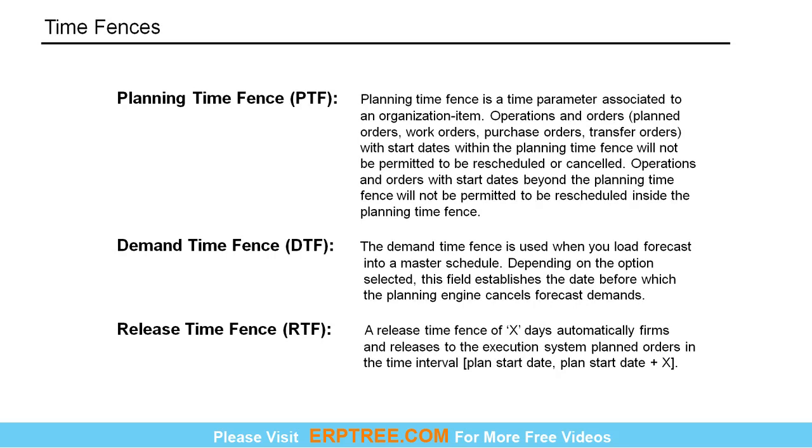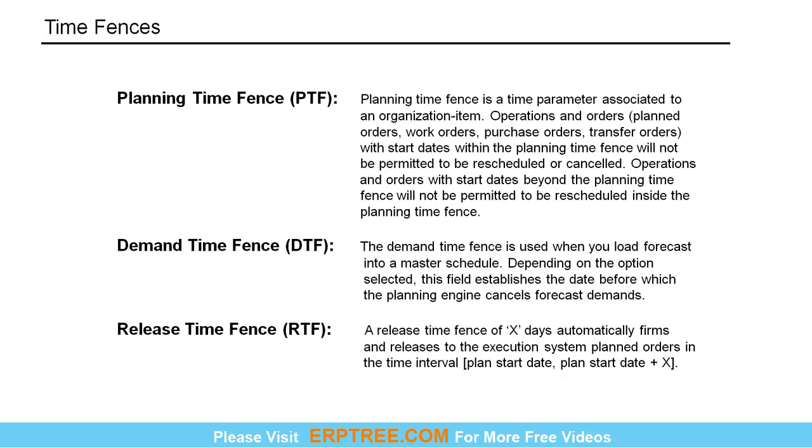For example, we are planning for the next 1.5 years, so the planning horizon is 1.5 years. But the planning time fence is say 60 days. That means within the first 60 days, I do not want any planned orders to get released, because I know that the suppliers or our shop floor guys cannot make the material within the first 60 days. Does that make sense?